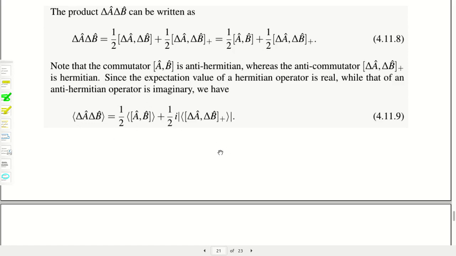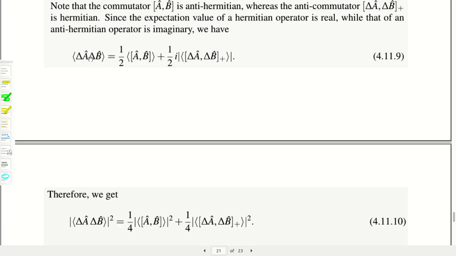Using the complex number technique, the mod square of the expectation value of delta A delta B will be the mod square of this plus the mod square of this, because z is equal to x plus iy.